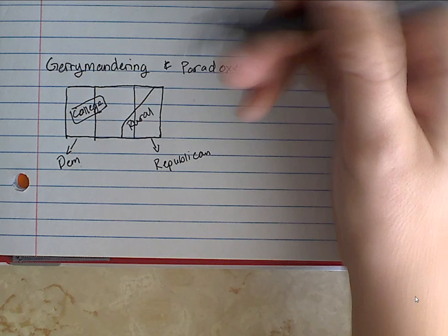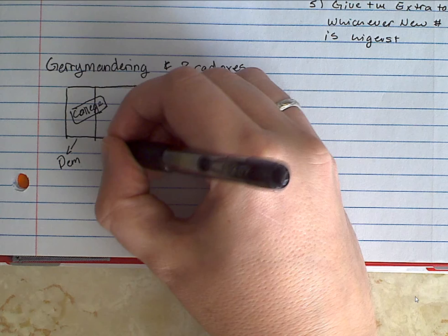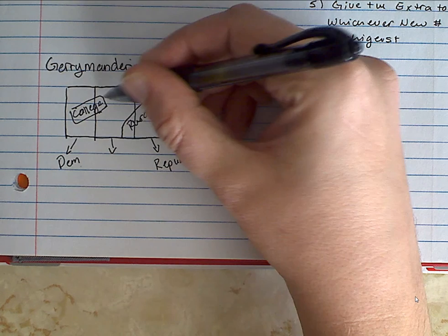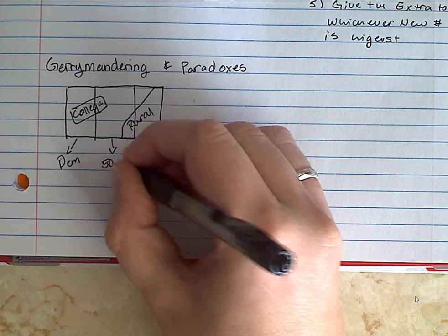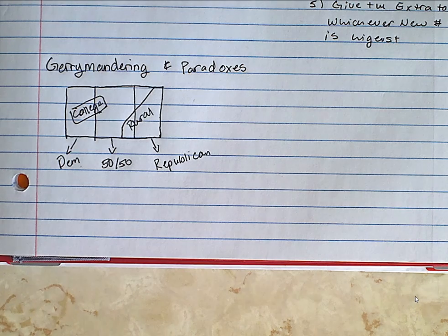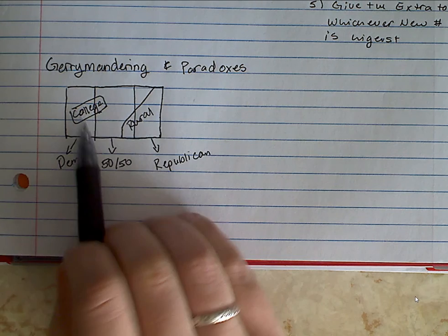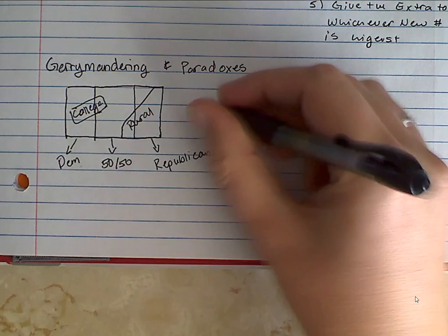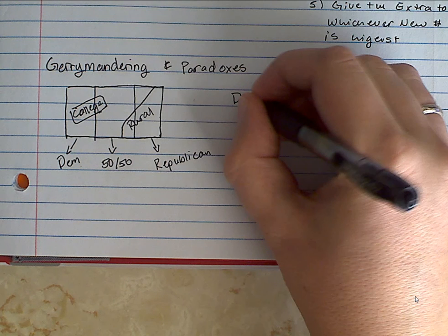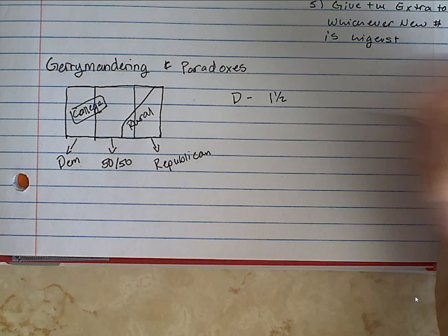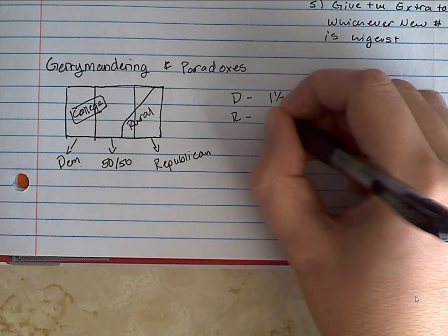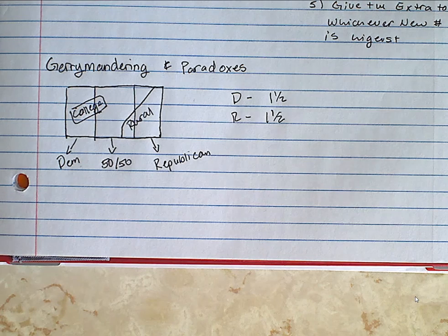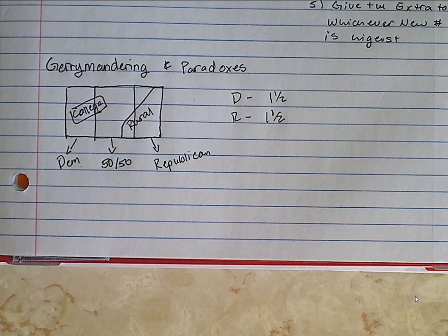Now this place that's in the middle, that's split between the rural and the college area, this will be 50-50. So with the boundary lines for the districts drawn as they are right now, the Democrats have about 1.5 spaces, the Republicans have about 1.5 spaces, and it seems fair, right? Well, it might seem unfair if you're Republican, and you might want the Republicans to have more spaces.